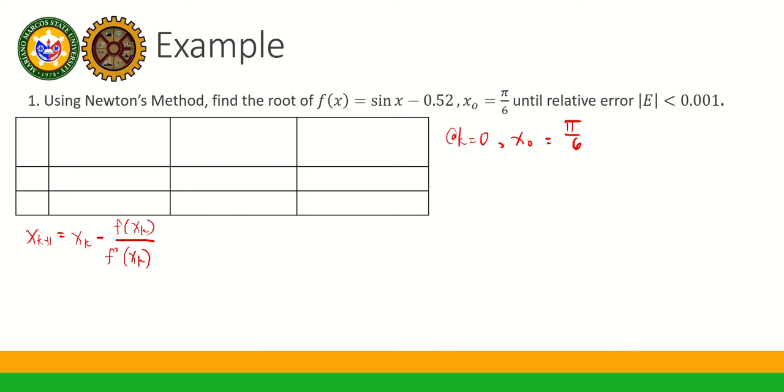So, ang gagawin nyo sa calculator ninyo is, of course, dapat naka-radians siya. So, input nyo si x. Okay, sa calcu ninyo, dapat x minus, input nyo si function, sine x minus 0.52.